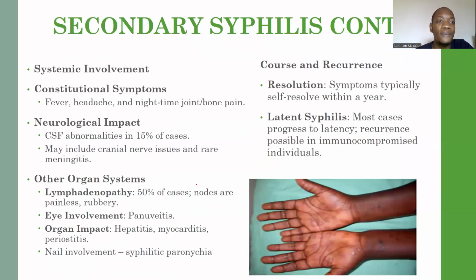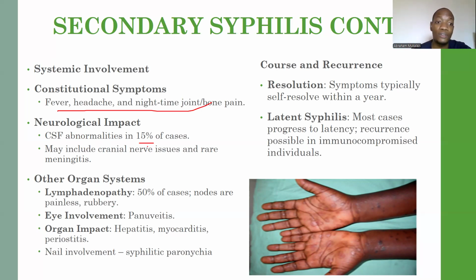So when you go to systemic involvement, patients can have systemic symptoms like fever, headache, night sweats, joint pains, back pains, and we can also have a neurological impact in about 15% of the cases. This case will present with cranial nerve involvement, and in some cases you can also get meningitis, though this is very, very rare when it comes to syphilis.